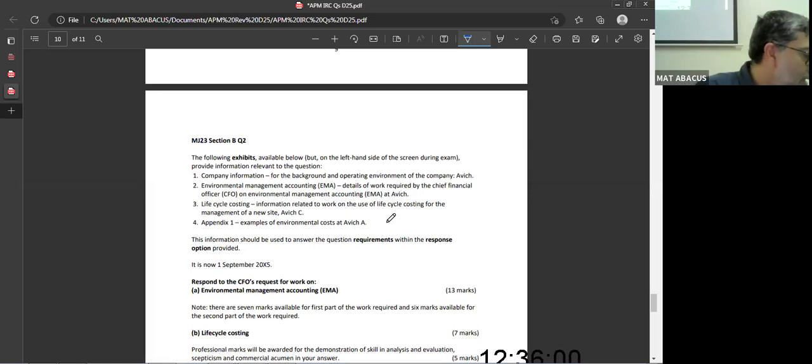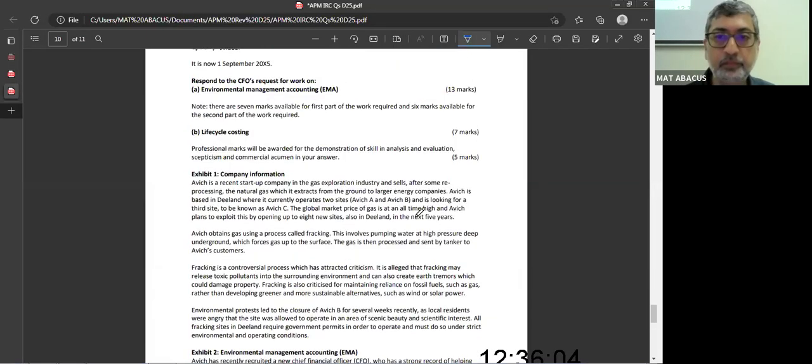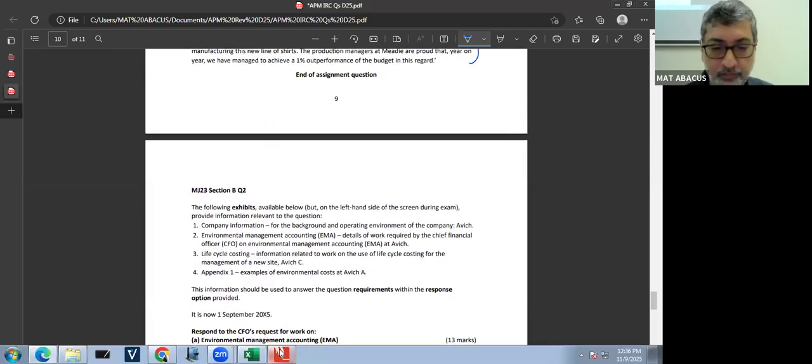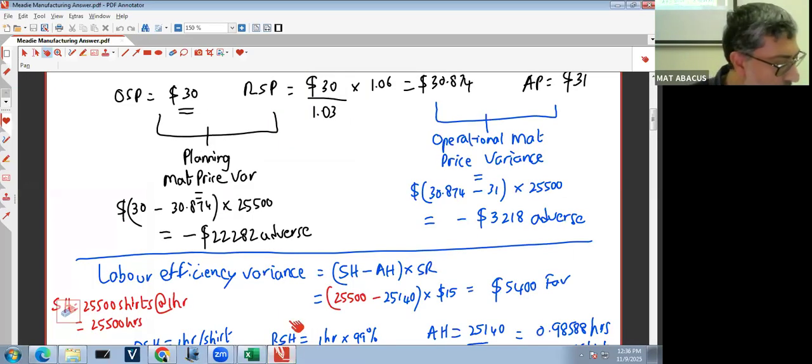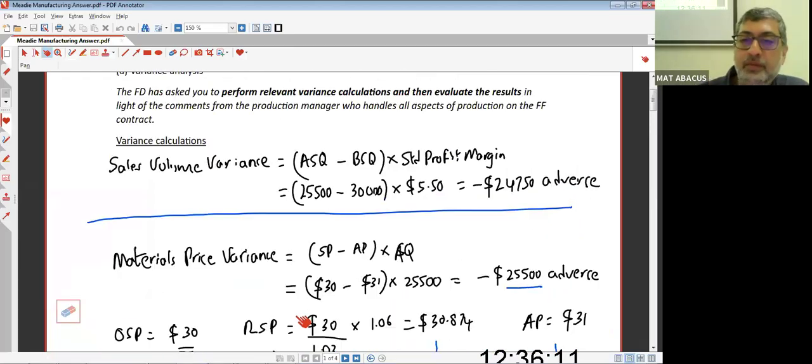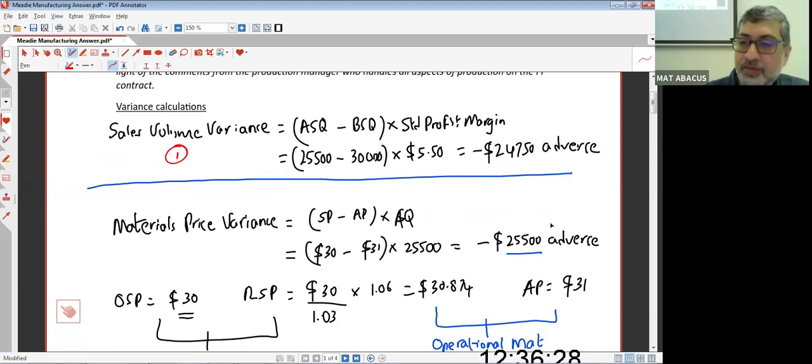Right, so the way they are giving marks, there is 1 mark for the sales volume variance. There's 1 mark for the material price variance, that is the traditional variance, 25,500.